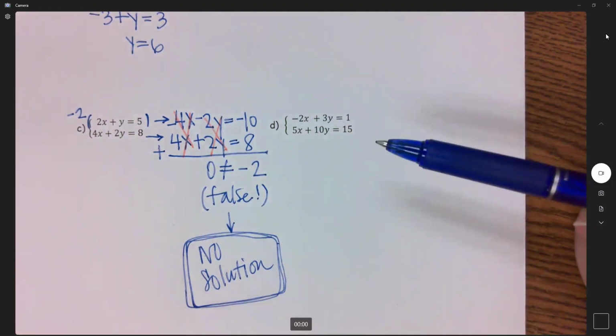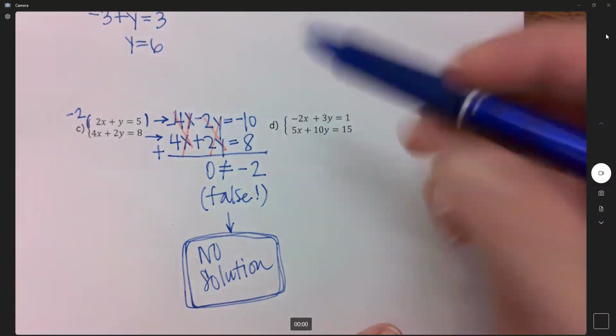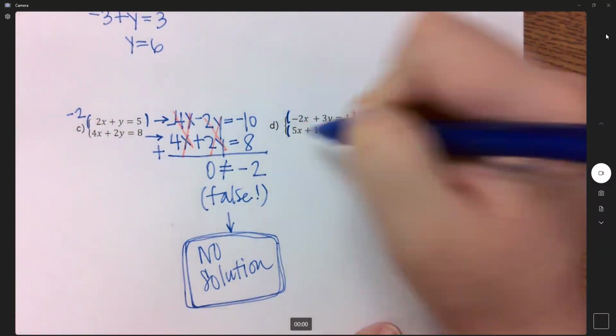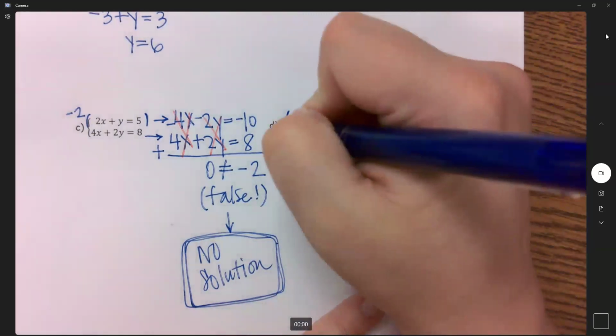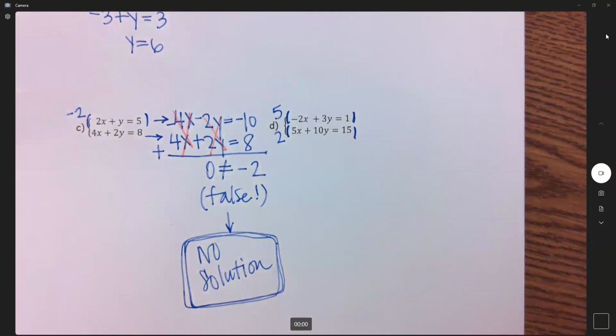That's a whole number. So I'm going to actually multiply both of these equations. The easiest thing to do is to multiply them by the other's coefficient. So 2 here, 2 down here, 5 down here, so 5 up here.